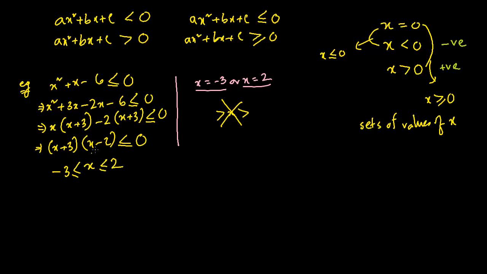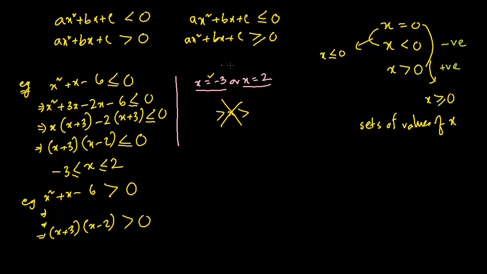If the same question was given, x squared plus x minus 6 greater than 0, then you go through the same middle term break process and write down the factors (x plus 3)(x minus 2) greater than 0. Again we assume it is equal to 0 and find the critical values.